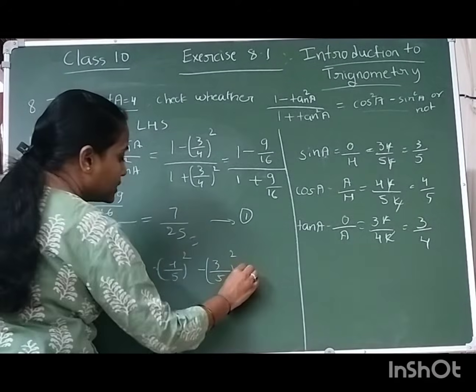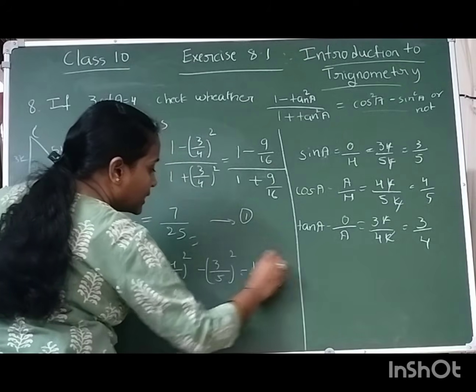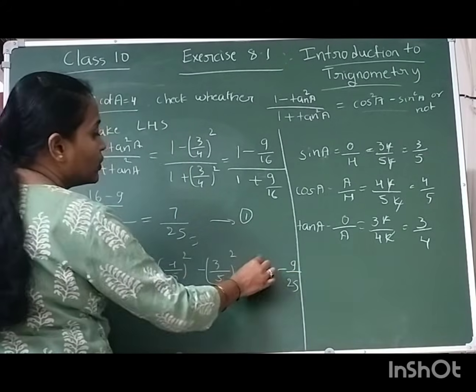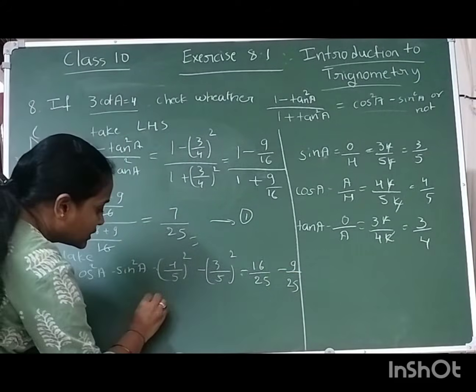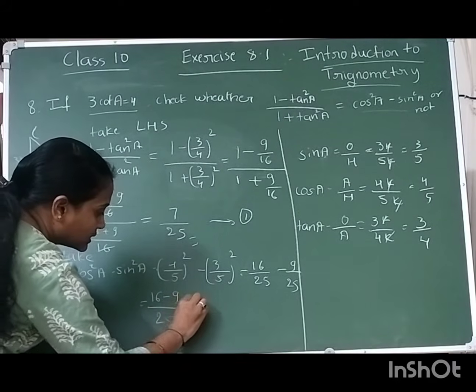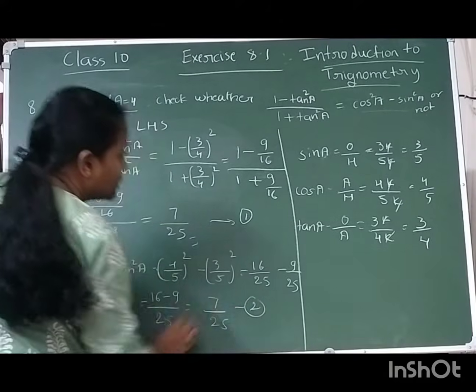So 4 square is 16, 5 square is 25. 16 by 25 minus 3 square is 9 and 5 square is 25, it will become 9 by 25. So when you take 25 as LCM, it will become 16 minus 9 by 25. That's nothing but 7 by 25. Let's call this equation 2.